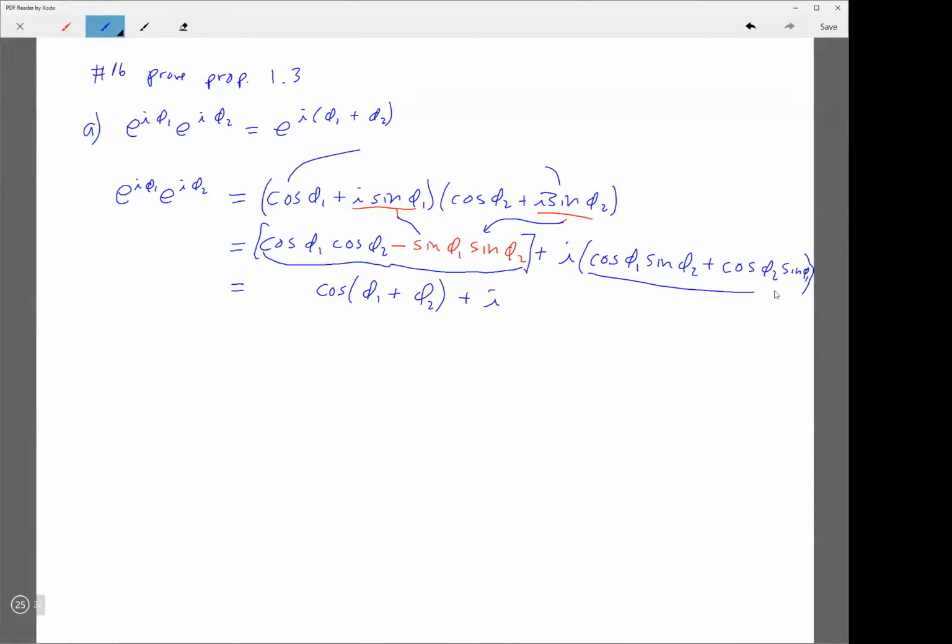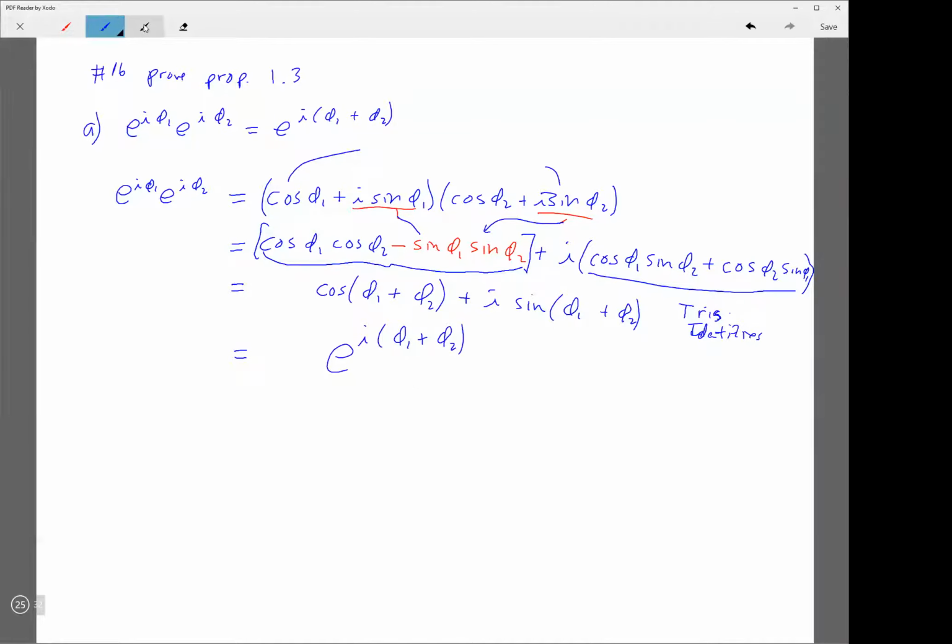All this. Sine of phi1 plus phi2. Yes. Okay, and this is by trigonometric identities. And so that's equal to the e to the i times phi1 plus phi2.